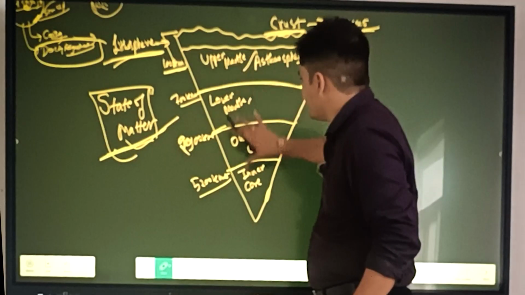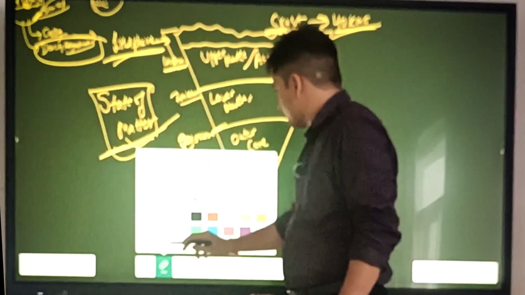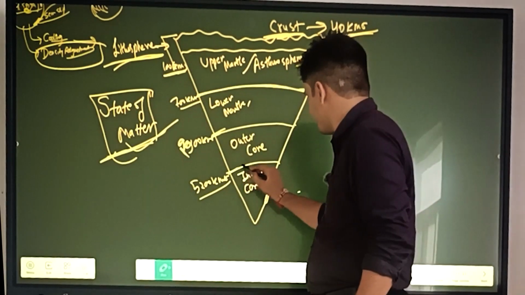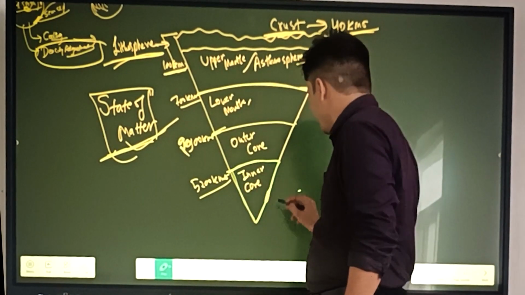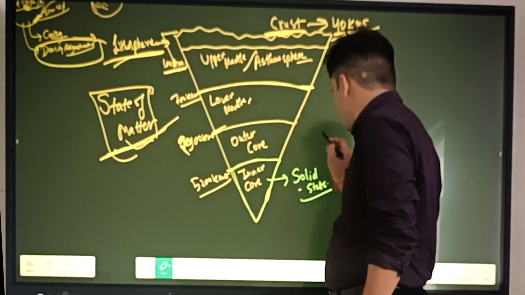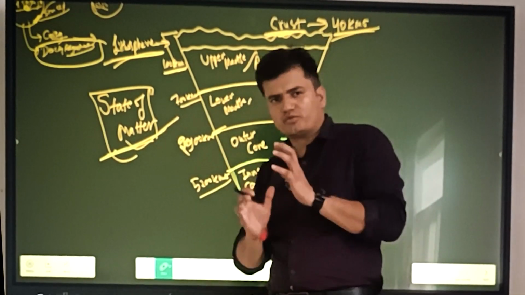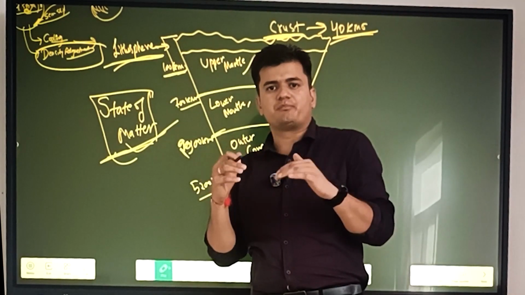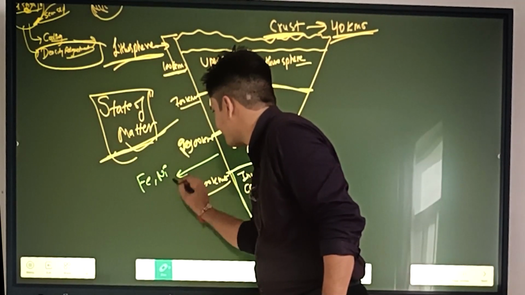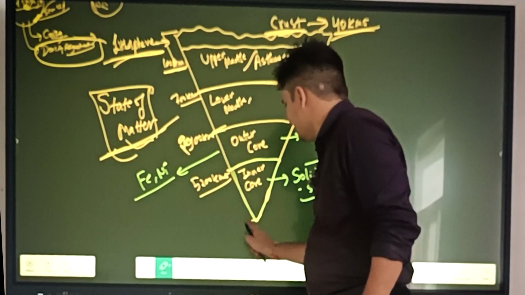So that means we have different kinds of materials and different states of matter inside the earth. If we talk about the first layer, the innermost layer, this is the inner core and it is in the solid state. The outer core and the inner core both constitute the same material. Both have the predominant presence of ferrous and nickel. So why can we see ferrous and nickel inside the core of the earth?